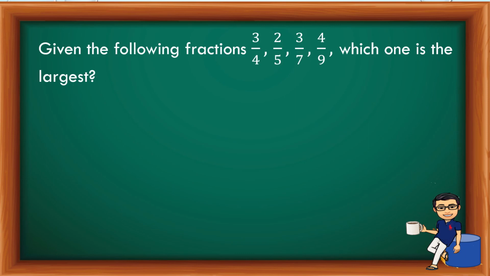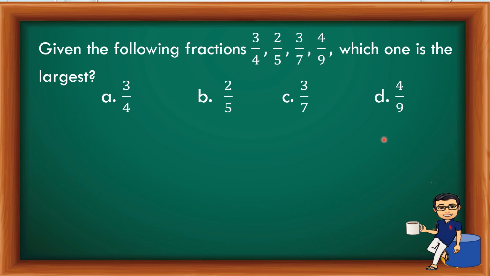Given the following fractions: 3/4, 2/5, 3/7, and 4/9, which one is the largest? So our choices: A 3/4, B 2/5, C 3/7, and D 4/9.